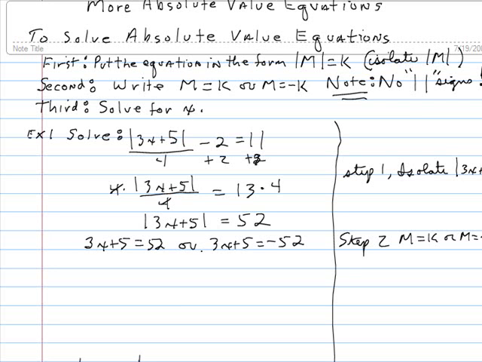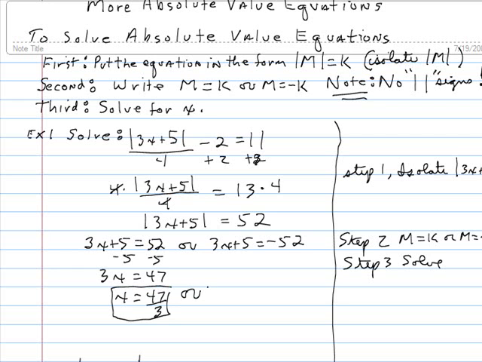Now step 3 just says solve for x. So I'll put over here step 3, solve. And notice we have two things to solve. So on the left one, I'm going to subtract 5 from both sides. And I get 3x equals 47. X equals 47 thirds.